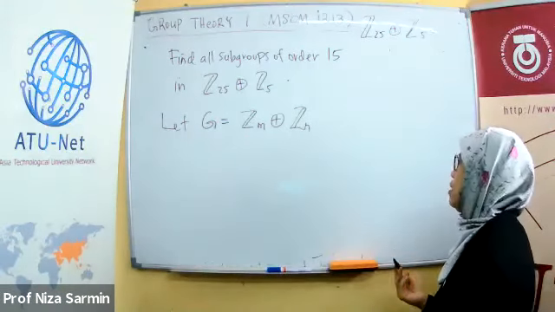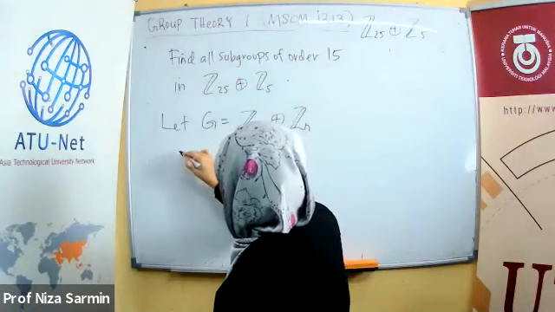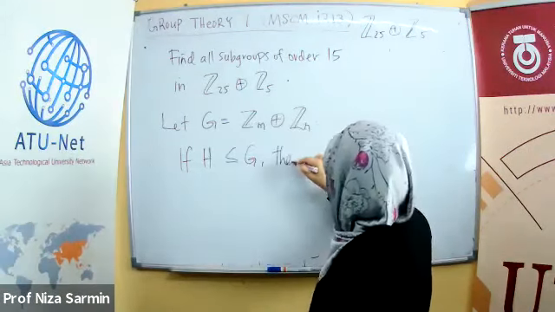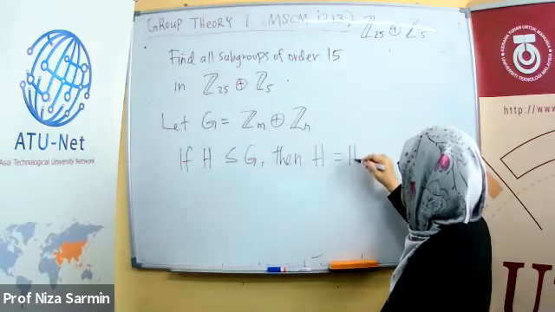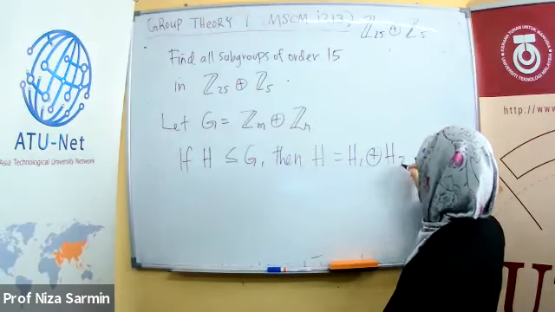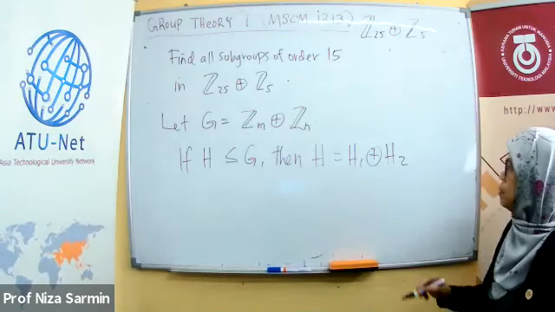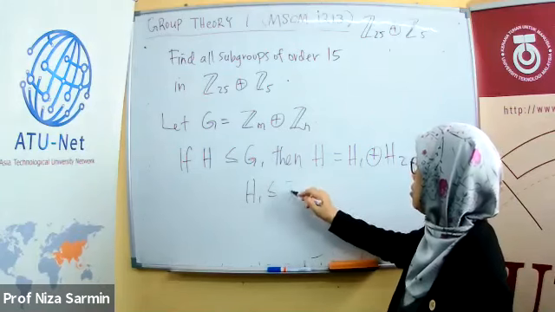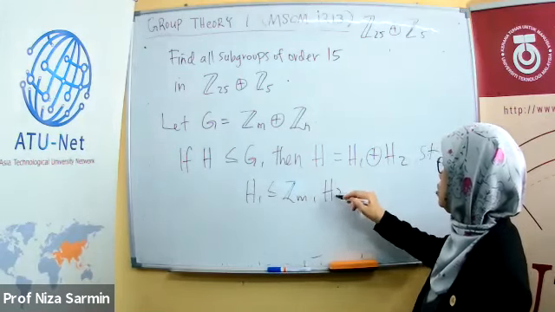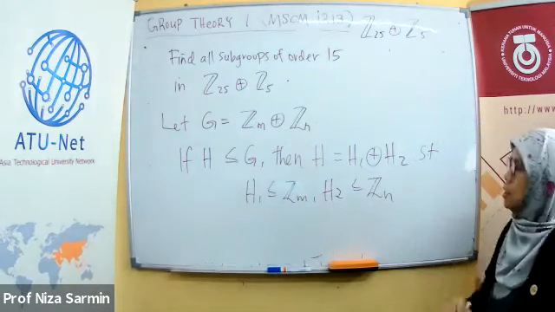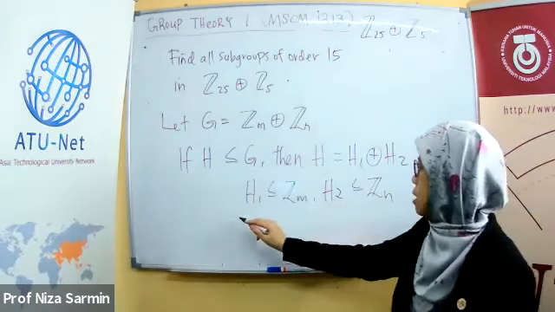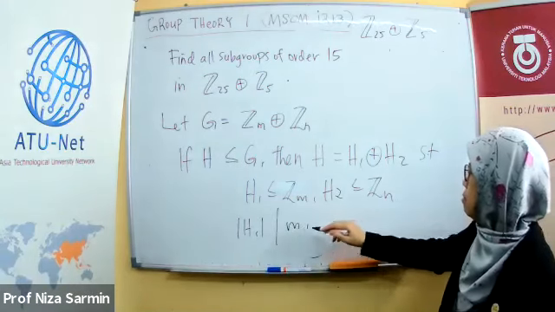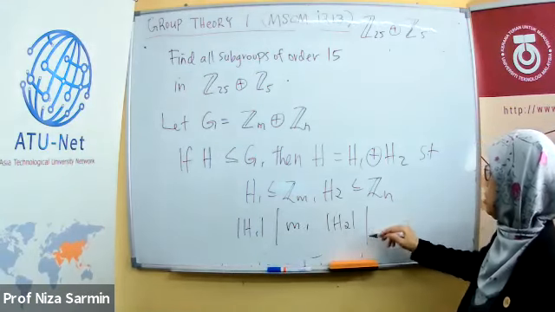Okay, so if H is a subgroup of G, then H is actually the direct product of H1 and H2, such that H1 is a subgroup of Zm, H2 is a subgroup of Zn, and the order of H1 divides m, the order of H2 divides n.